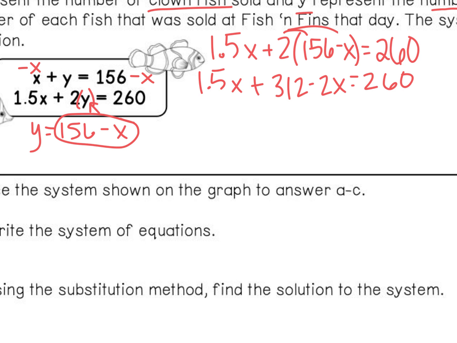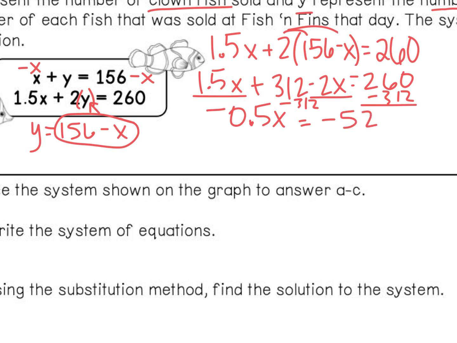So 1.5 minus 2 is a negative 0.5. You can leave it a decimal. And I'm going to have to minus this 312. So I get a negative, what is that, negative 52. And then we're going to divide by a negative 0.5. Use your calculator.